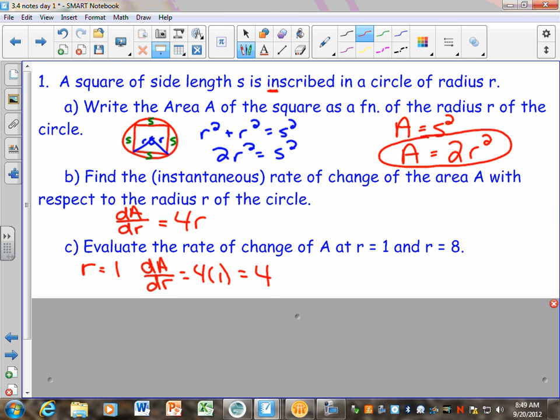That's pretty easy, right? And when r equals 8, we would get 4 times 8, or 32. Again, notice it says the rate of change, so that's how you know to plug it into the derivative. If it said find the actual area, you'd plug it into the area formula. So it's really important that you're reading these.